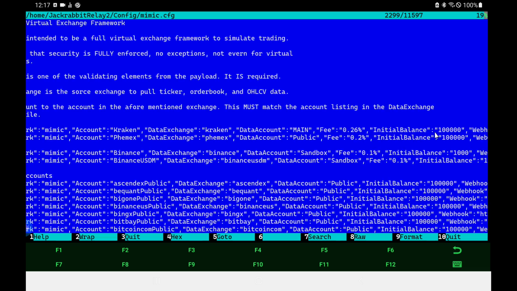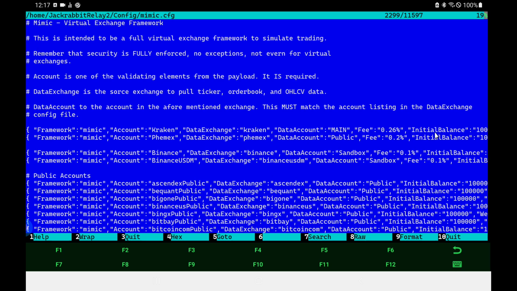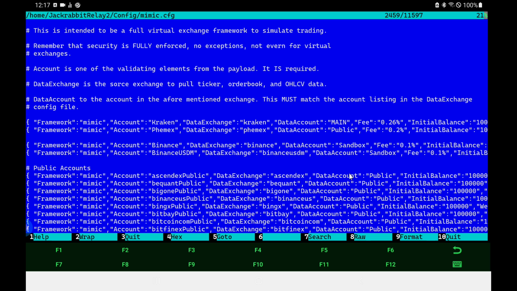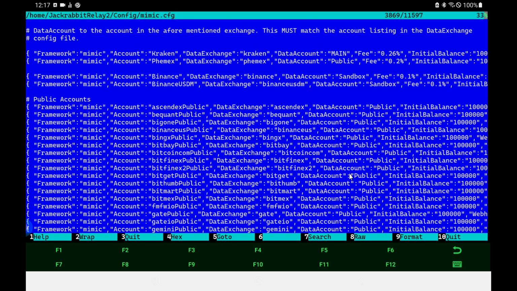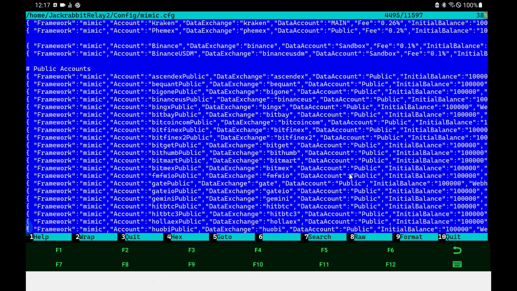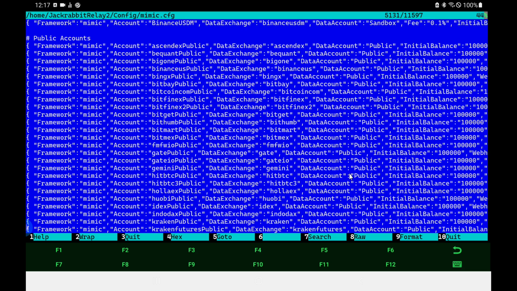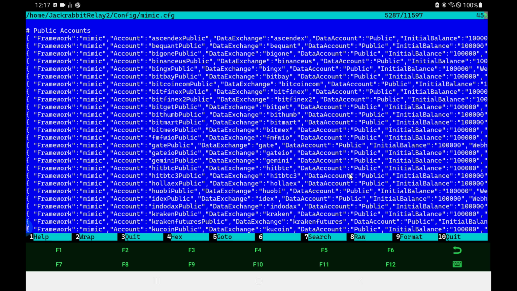And now, these are the ones I put in manually. Now let's get to the public accounts, the ones I added through the script. And again, you'll see some of the basic things, such as Mimic, the name of the exchange, and then deliberately putting the word public.